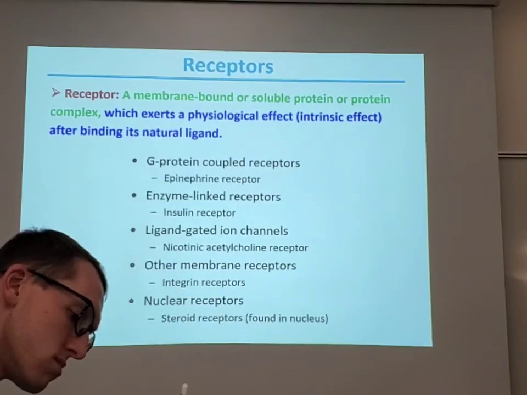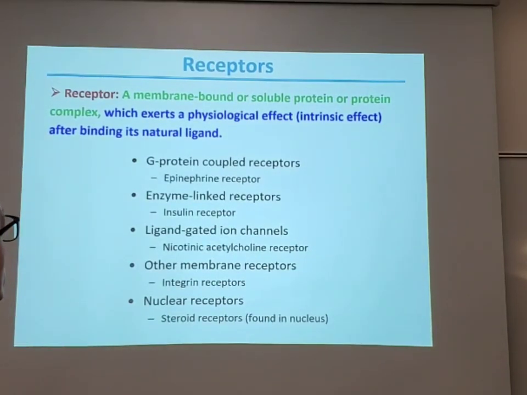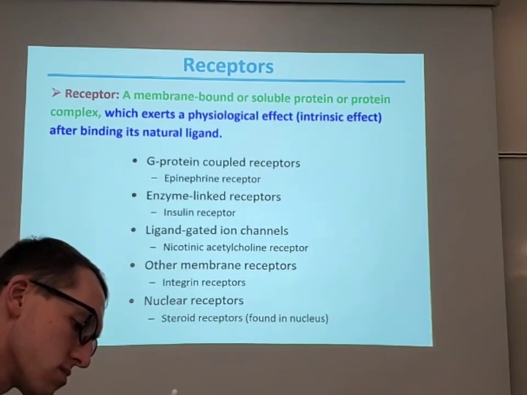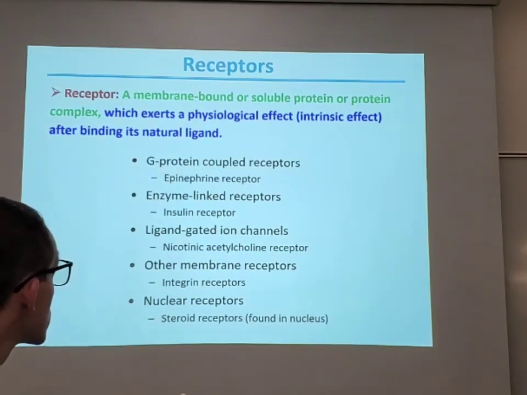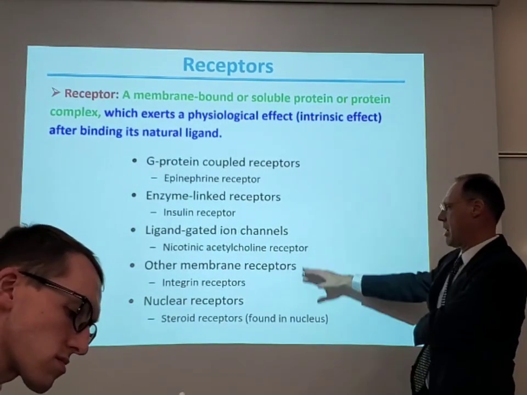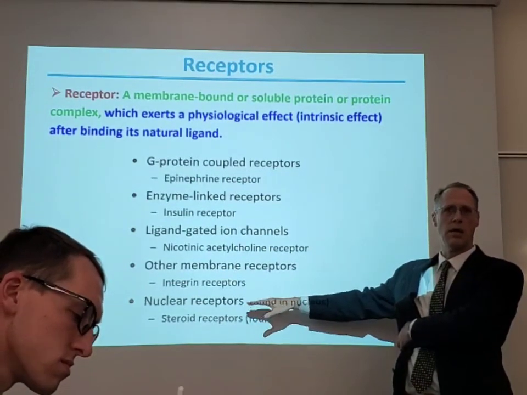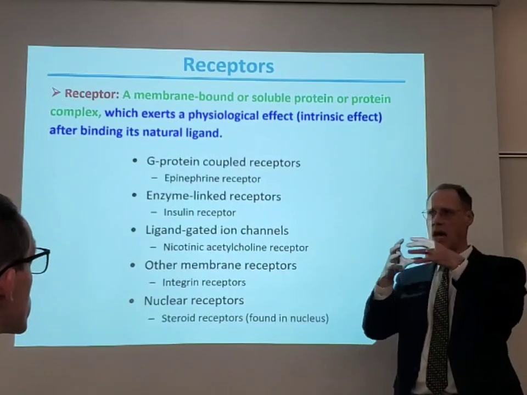A receptor is a membrane-bound or soluble protein or protein complex which exerts a physiological effect after binding its natural ligand. There are lots of these. Nuclear receptors are located in the membrane on the nucleus side.